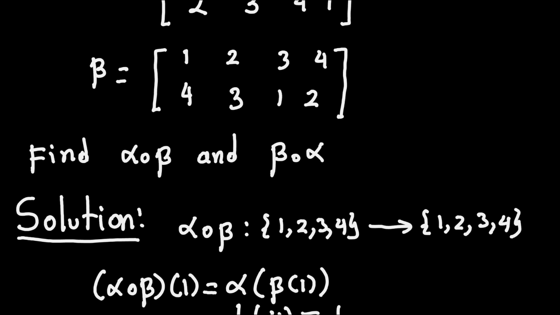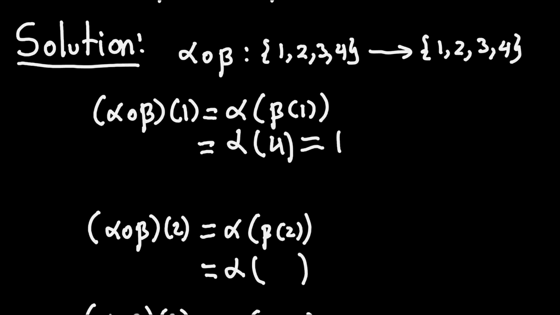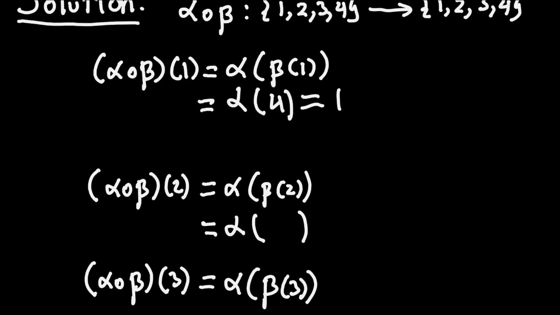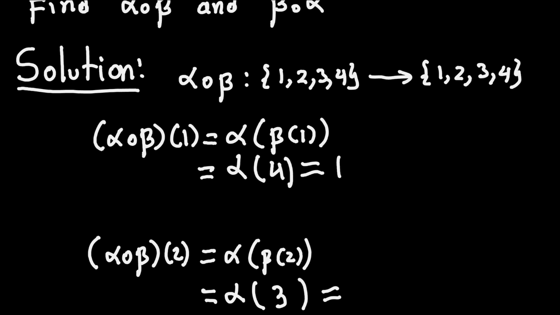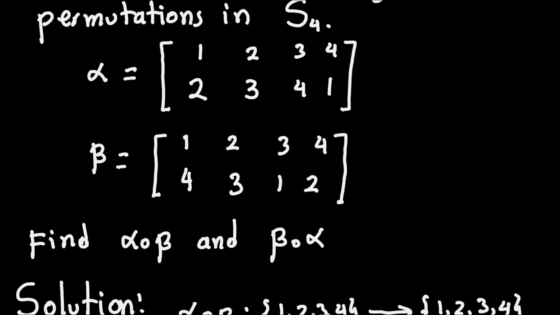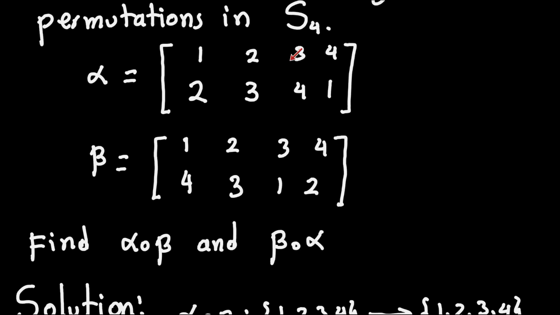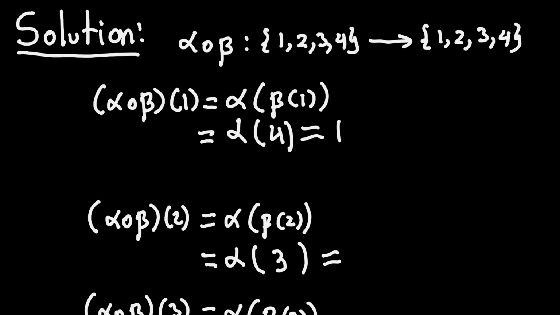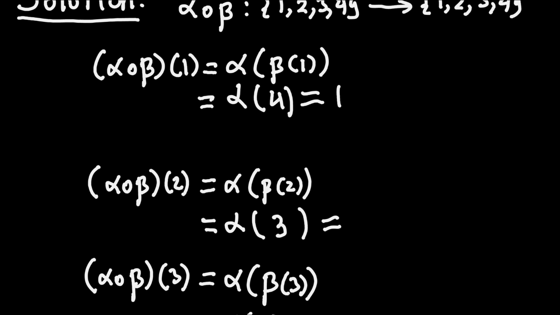So beta of 2 is 3, and that gives me alpha of 3. Going back to alpha, alpha of 3 is 4. So I get 4 here. Now in a similar way you do the other ones.